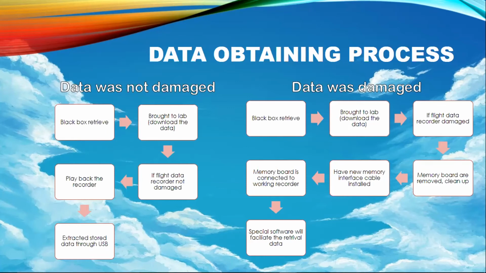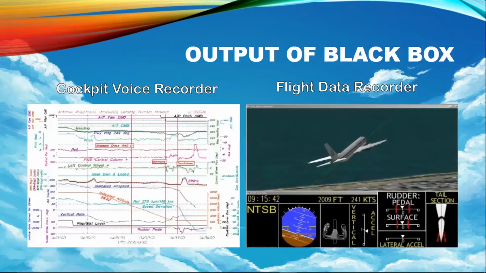For the cockpit voice recorder, a team of experts is usually brought in to interpret the recording. They attempt to interpret the 30 minutes of words and sound recorded by the cockpit voice recorder. This can be a painstaking process that may take weeks to complete. This is the output of the black box.